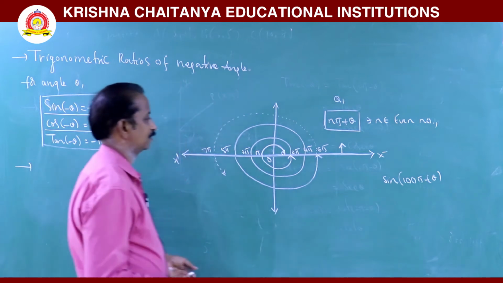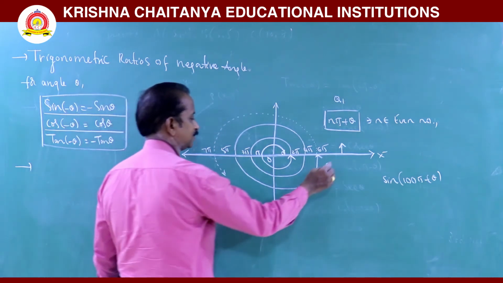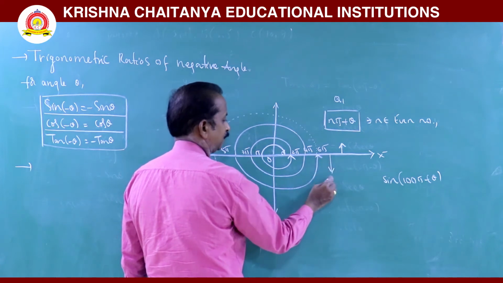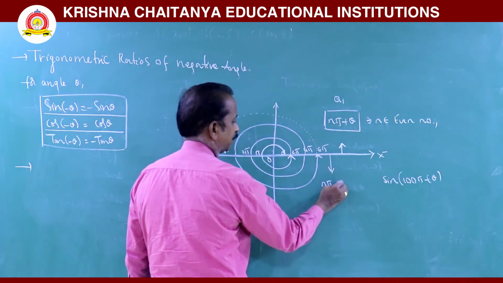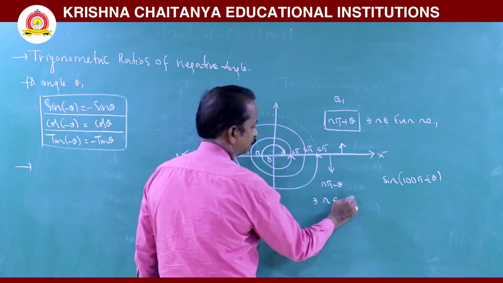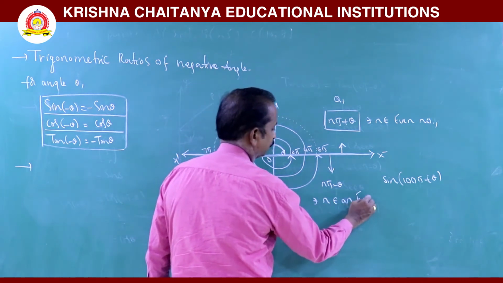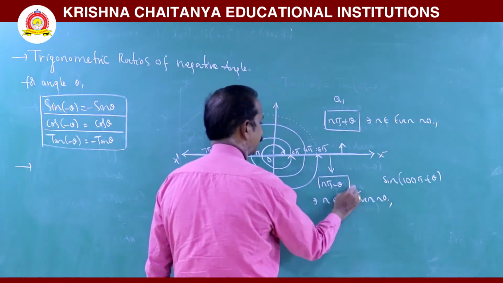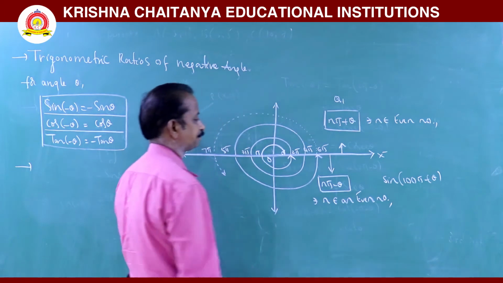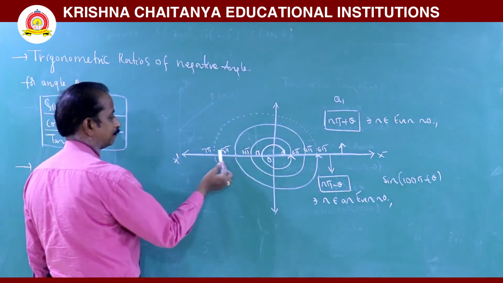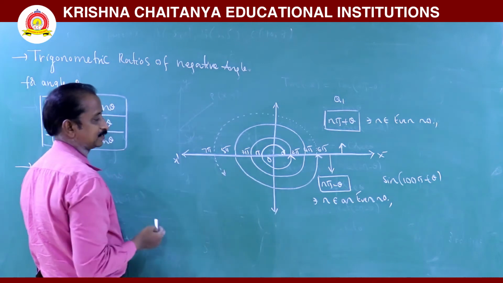Next, come to another one. This is an even number of pi minus theta, that is n pi minus theta such that n belongs to an even number. And now this is an odd number of pi on the negative x-axis.